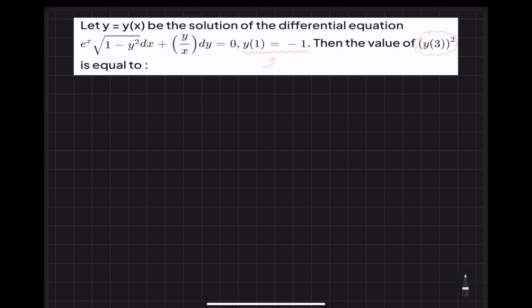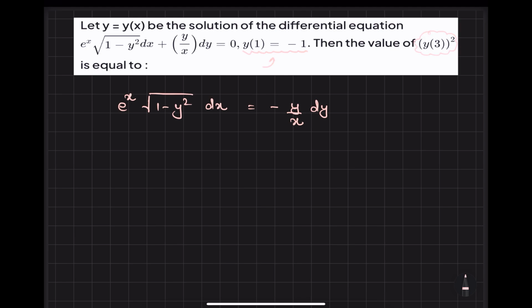For that we have to solve this differential equation. So look at the differential equation. So it goes this way. So e power x root 1 minus y square dx, I will send this thing that side. So we have minus of y by x dy. Now what I will do, I will keep x thing one side and y thing another side, and dx and dy will be on the numerator forever.